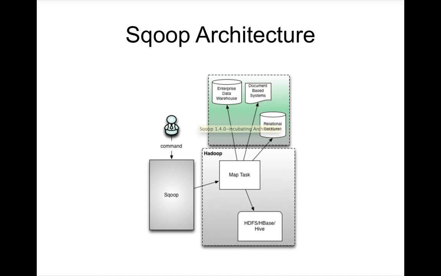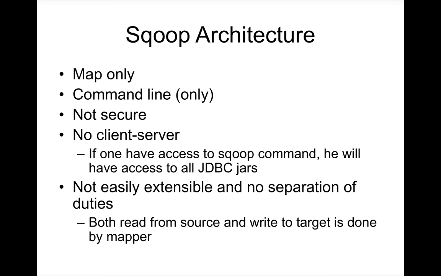This map only job can connect to any of the source databases based on the JDBC URL you are using, start pulling the data by issuing a select query using certain conditions, and then load the data into HDFS. So this is the typical Sqoop architecture.